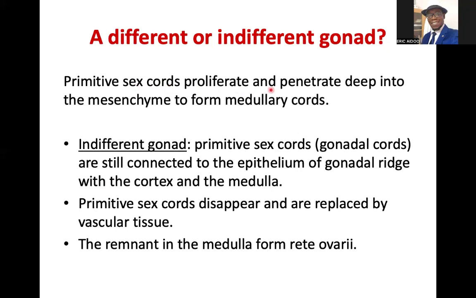Primitive sex cords proliferate and penetrate deep into the mesenchyme to form medullary cords. Indifferent gonad is where the primitive sex cords, also known as gonadal cords, are still connected to the epithelium of the gonadal ridge with the cortex and the medulla. Primitive sex cords disappear and are replaced by vascular tissue. Okay, the remnant in the medulla will form rete ovarii.